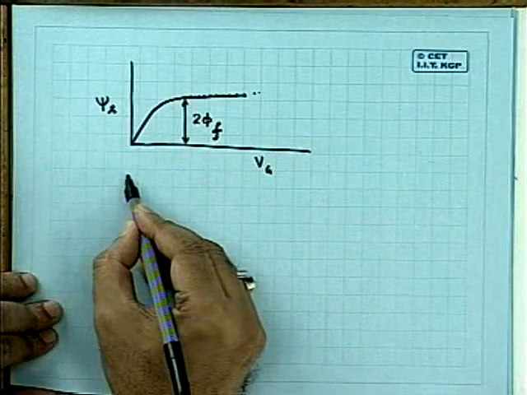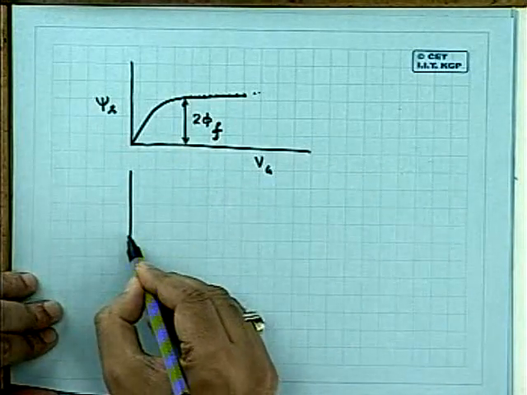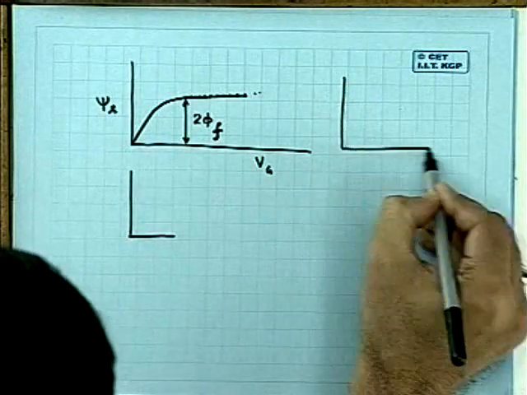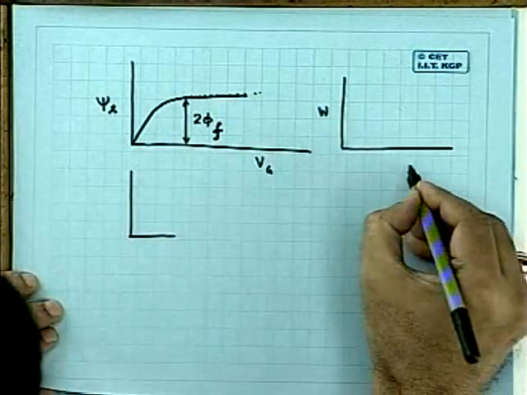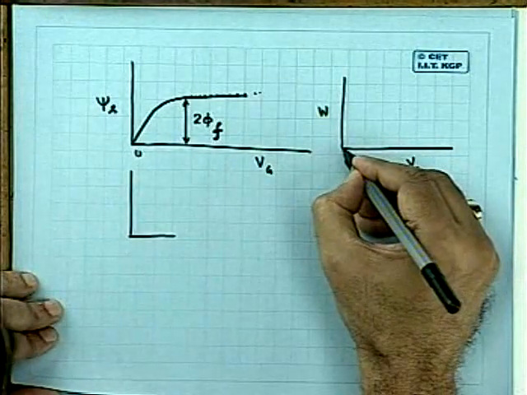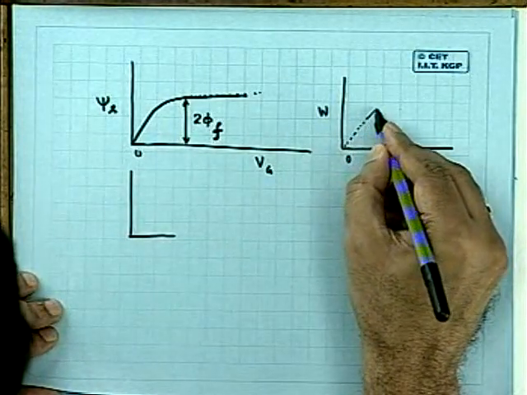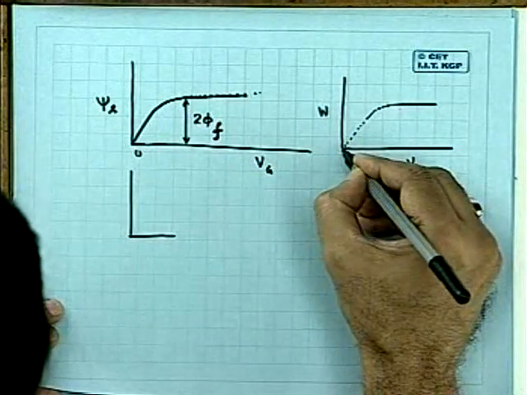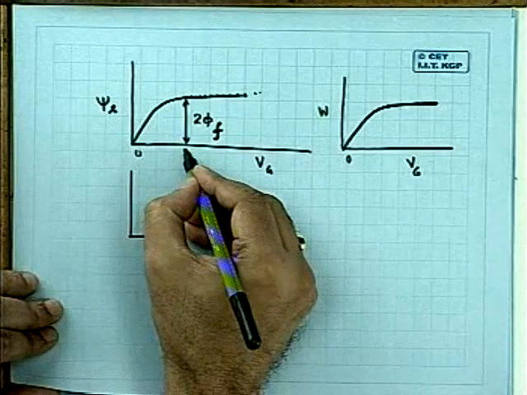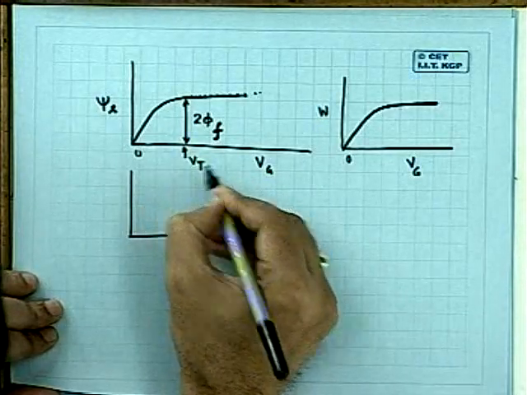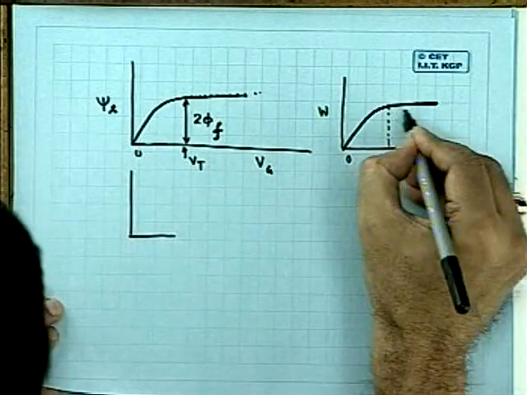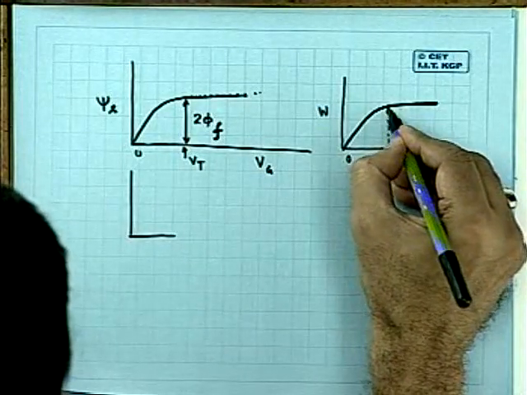And we have also assumed that Qn, and as a result the depletion layer width W, as a function of Vg, again follows the same thing. This is of course at Vt. Similarly at Vt, this becomes W max.